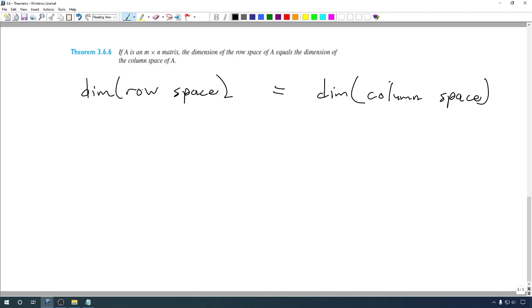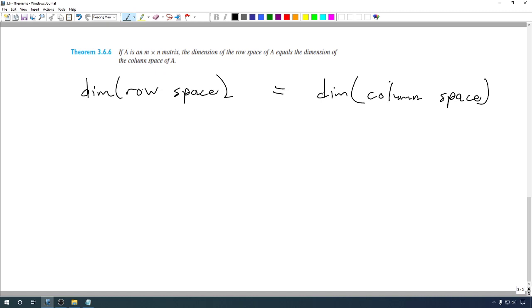But like we said, the dimension of the row space is the rank of the matrix. And back in our definitions, I said we could have talked about a row rank as the dimension of the row space and the column rank as the dimension of the column space, but these two dimensions always have to be the same thing. So that's why we just refer to it by the single word rank. That's what this theorem 3.6.6 is saying. It's just a consequence of what we were just doing.